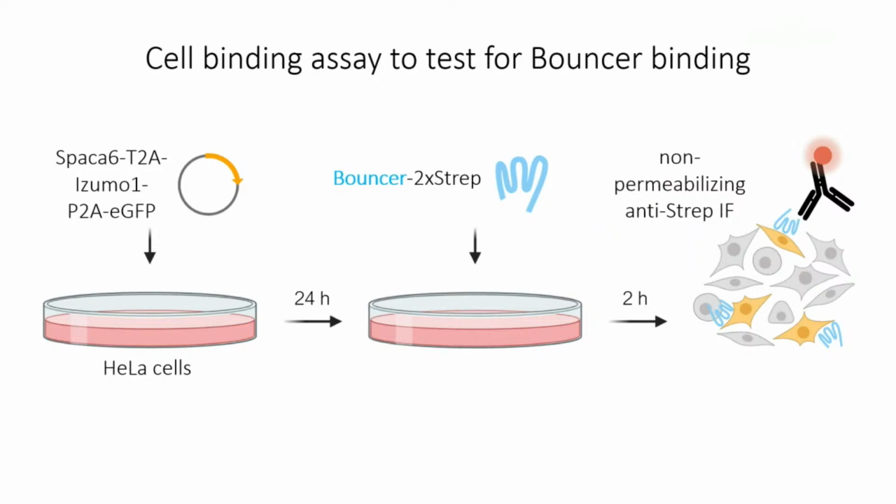So we expressed the zebrafish sperm factors in HeLa cells and then incubated these HeLa cells with a tagged version of a recombinant Bouncer protein and asked, under non-permeabilizing conditions, to which cells Bouncer protein actually bound.